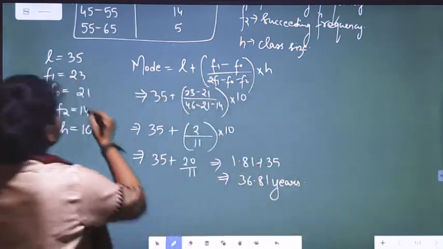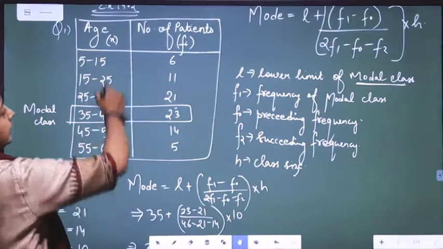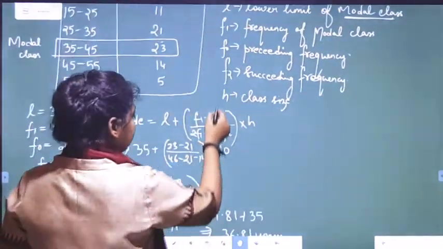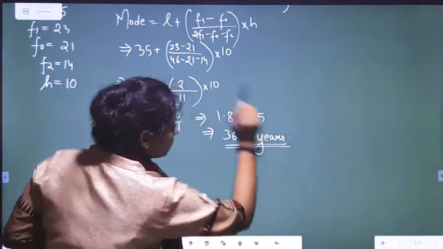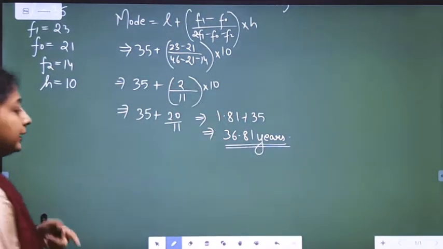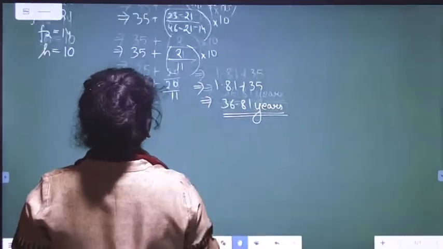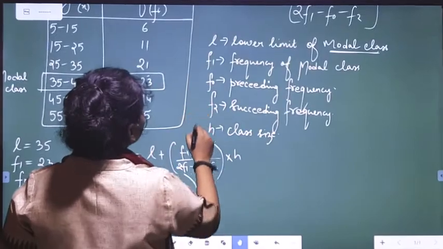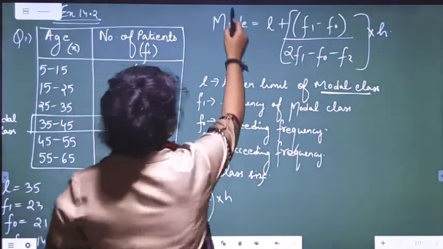Because obviously in our table, this was the age in years, therefore the final answer for mode must also have the same unit, years. So this is our mode for this frequency distribution. Also we need to find the mean. For finding the mean, we can use the method which we have been using.